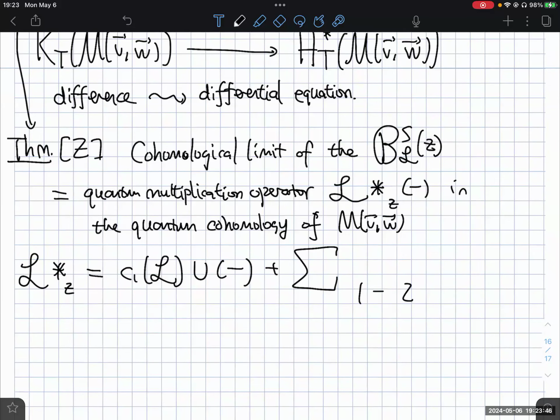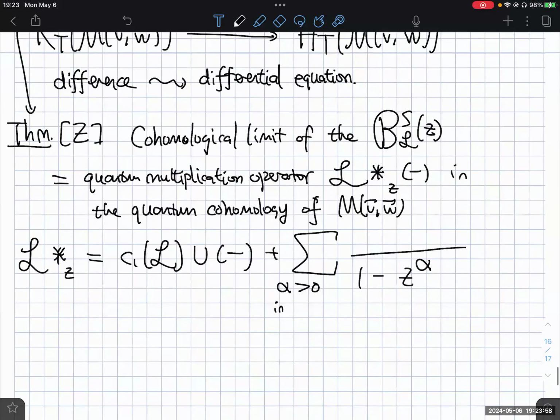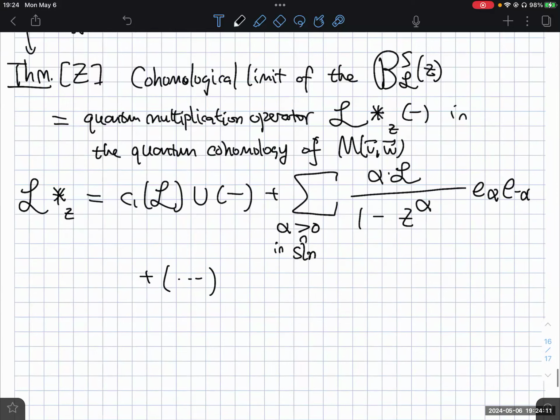Here is like Z, I, J. Oh, sorry, I should take it as alpha. Alpha are the positive roots in the SLN Lie algebra. And these are E alpha, E minus alpha, plus some scaling operators.